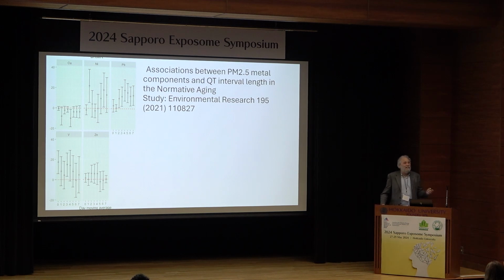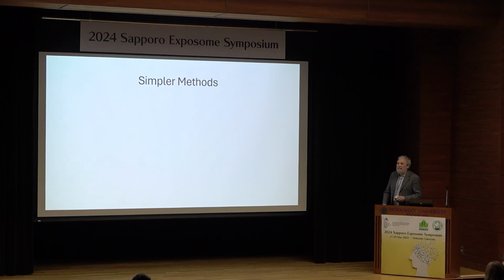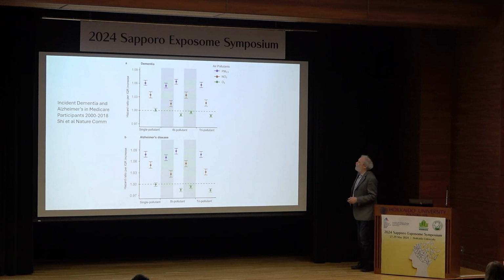All right, so we have these two methods, and there are a couple of simpler methods that people have used. So, for example, if I stick to 3 major air pollutants, I can look at the incidence of dementia in the Medicare cohort, again using this chronic condition warehouse.